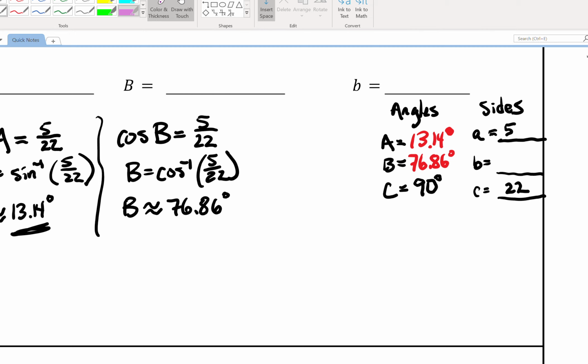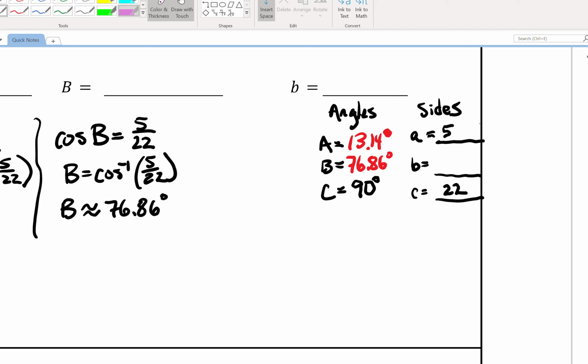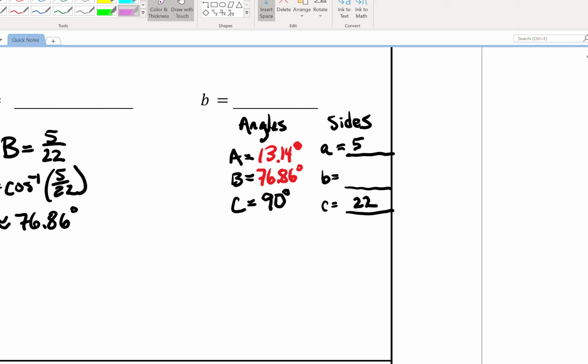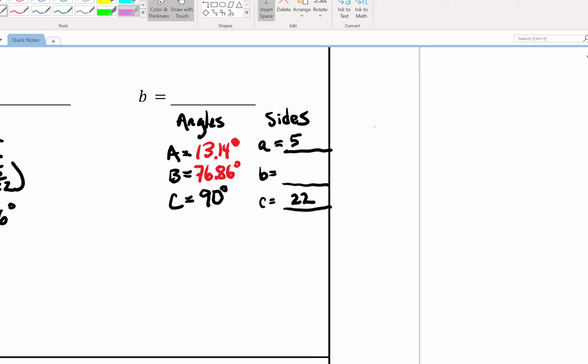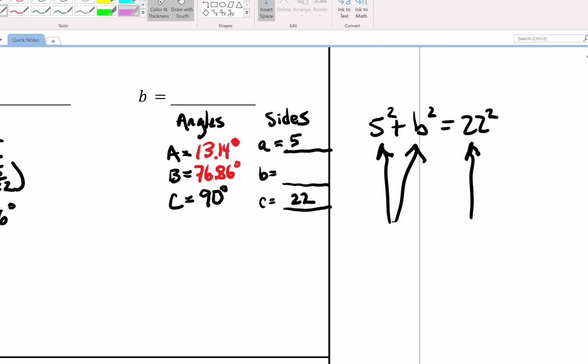And again, I've got options. I could use one of the trig ratios, or I could use the Pythagorean theorem. I can use the Pythagorean theorem in this case because I have two of the side lengths. You can't use the Pythagorean theorem if you only have one. So let's go 5 squared plus b squared equals 22 squared. The square of the length of one leg plus the square of the length of the other leg is equal to the square of the length of the hypotenuse.